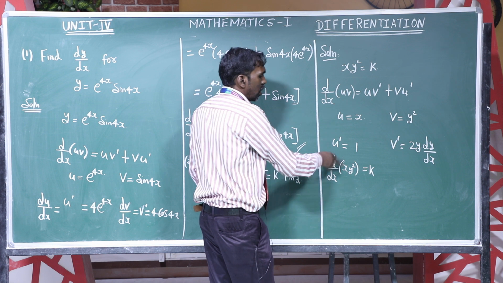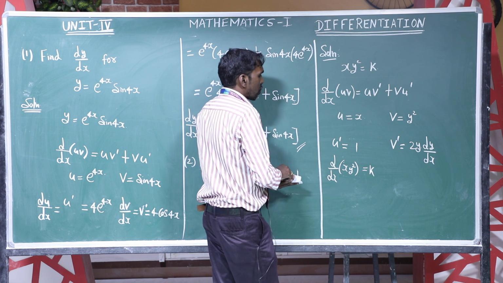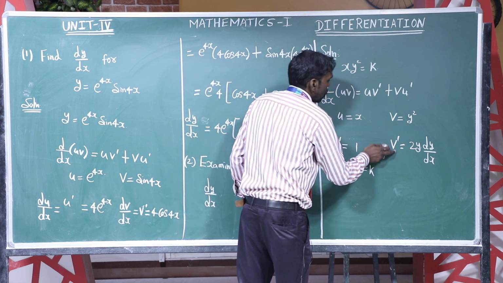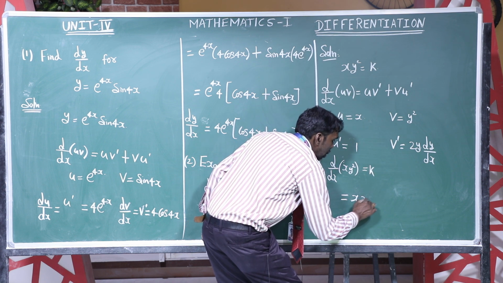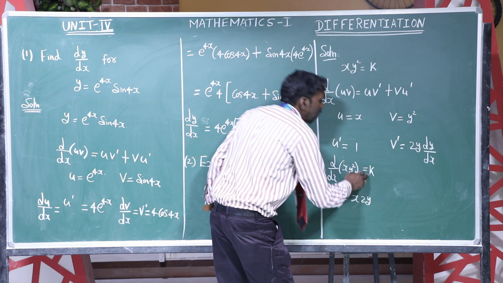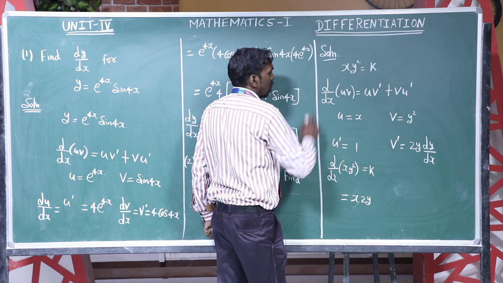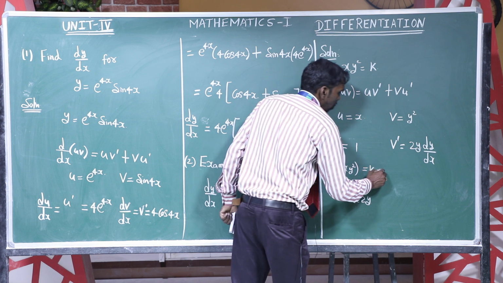From this function you take the uv formula. So here I can apply the uv formula, uv dash. Therefore here x into 2y. The derivative of k will be 0. So that's why this value will be 0.